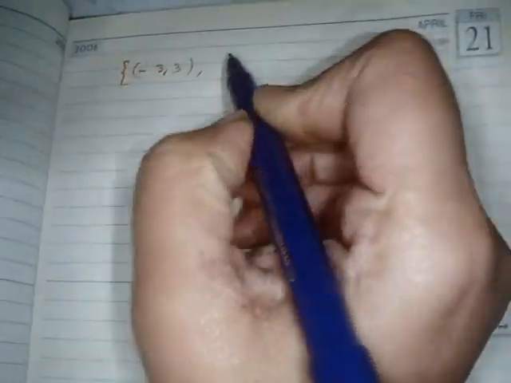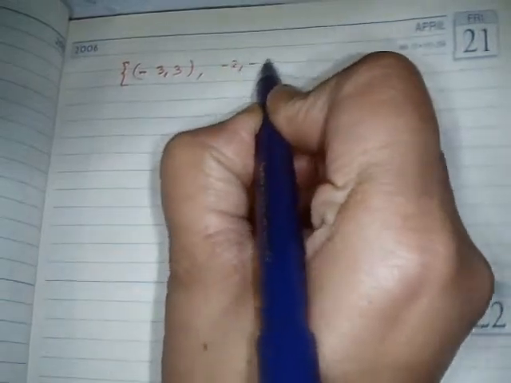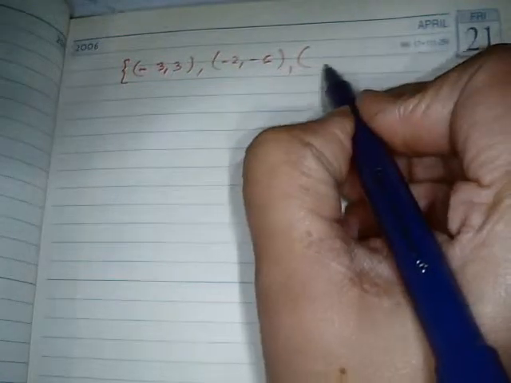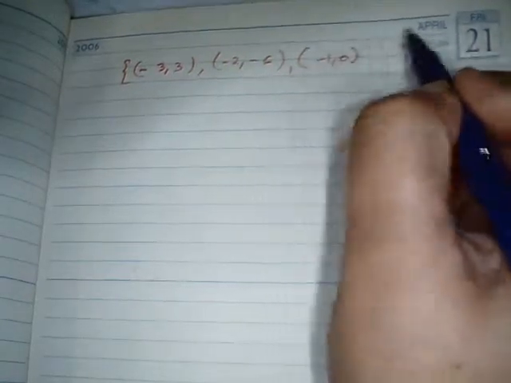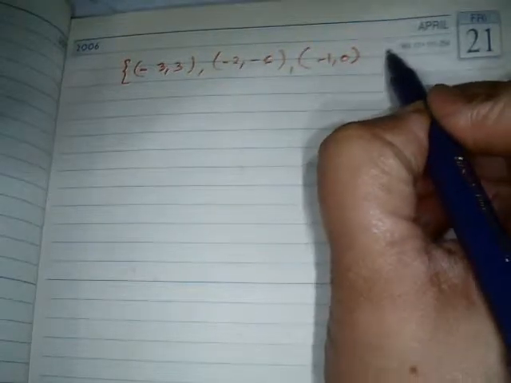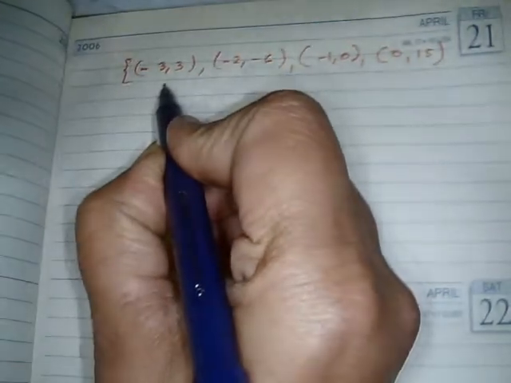The ordered pairs given are: first, negative 3 and 3; second, negative 2 and negative 6; third, negative 1 and 0; next, 0 and 15; and next, 1 and negative 1.